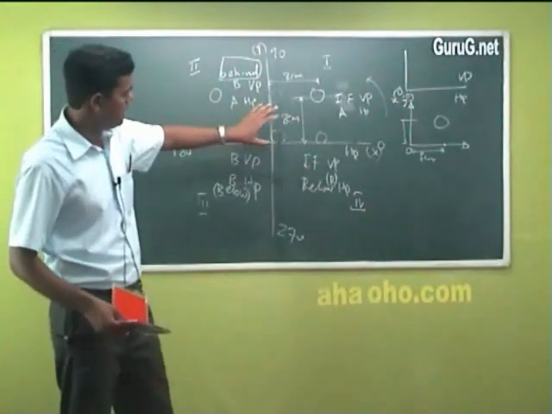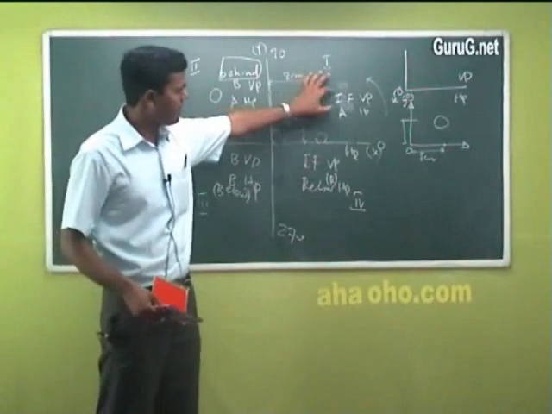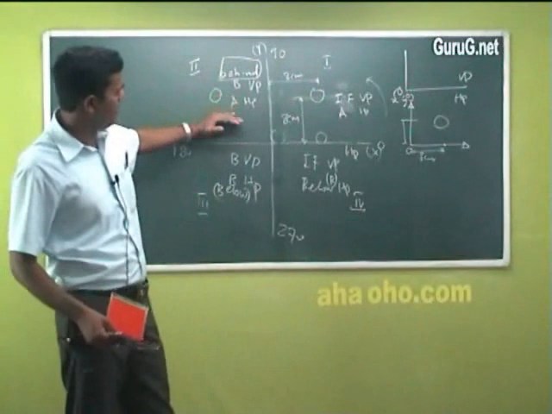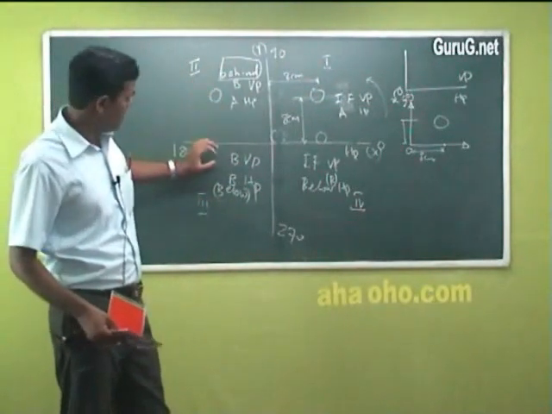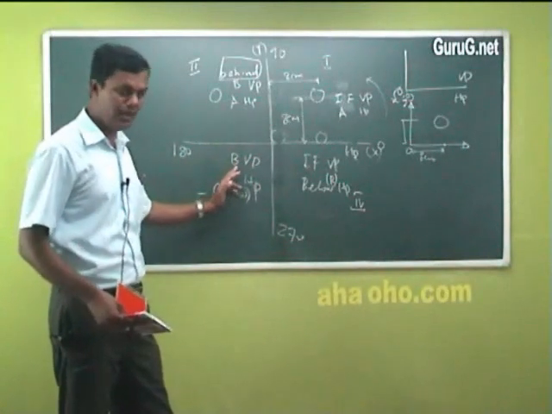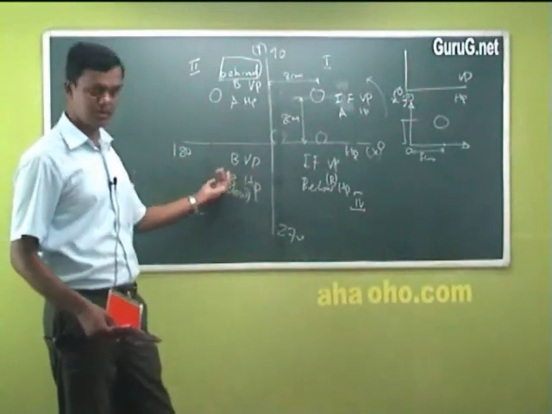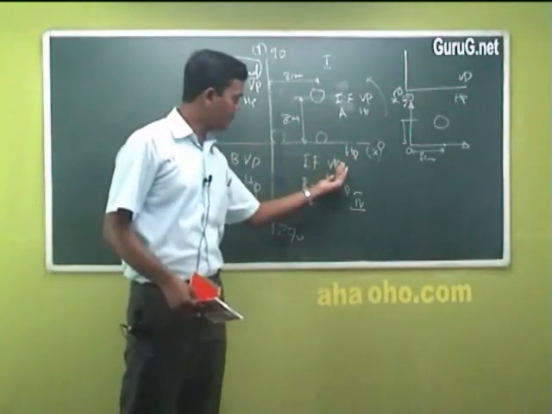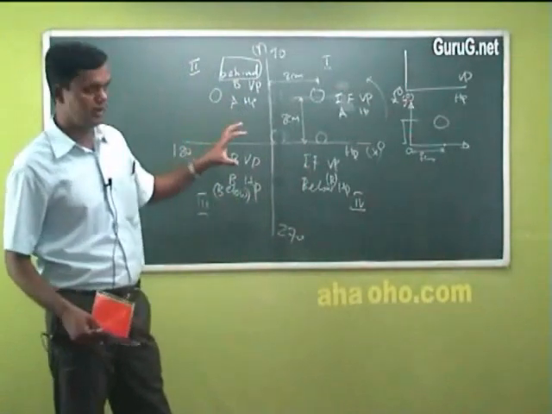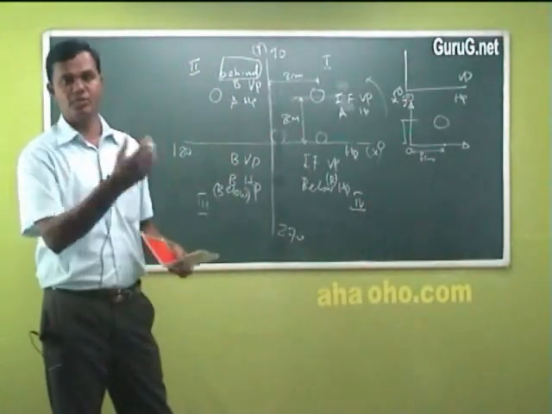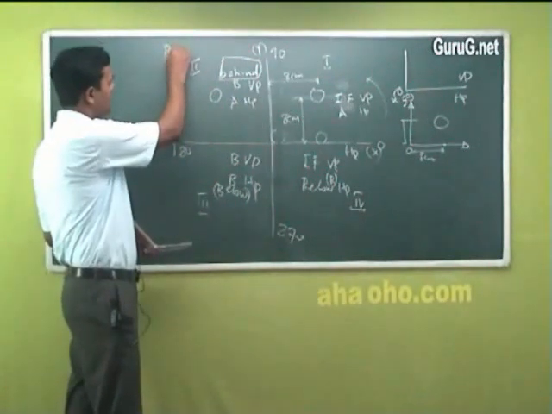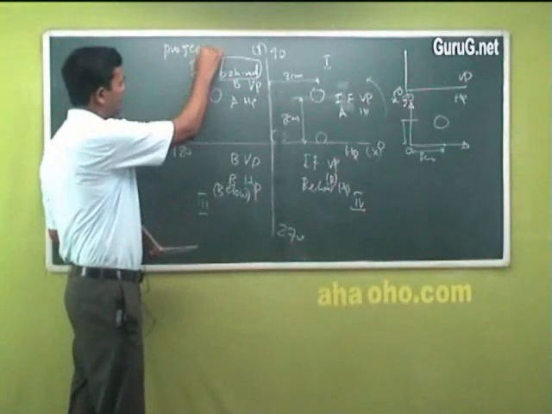So only four quadrants, and the options are: in front of VP and above HP becomes first quadrant, behind VP and above HP becomes second quadrant, behind VP and below HP becomes third quadrant, in front of VP and below HP becomes fourth quadrant. So in these four quadrants you can place any object. For example, I am talking about the topic projection of points.